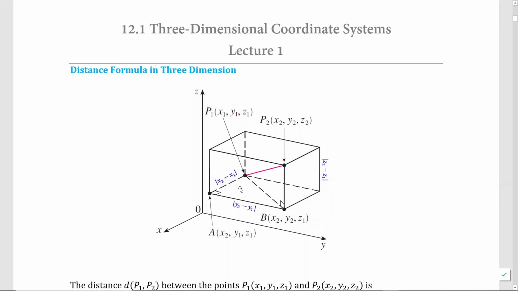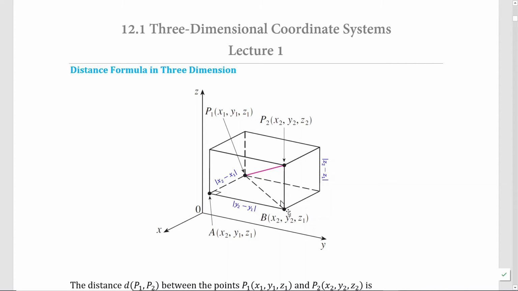Now the triangle P1, A, and B is a right triangle. Since we know the distance P1A, which is the absolute value of x2 minus x1, and the distance AB, which is the absolute value of y2 minus y1, we can calculate the distance P1B by applying the Pythagorean theorem.